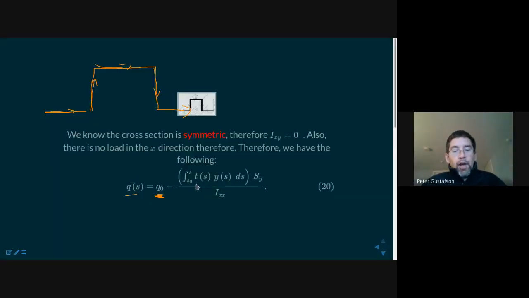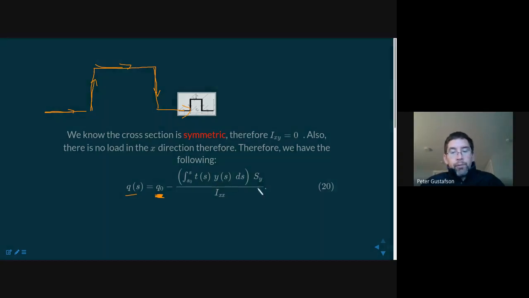And because the thickness was constant within the section, for the purposes of the integral of that section, we could pull it outside the integral. And now it just becomes a matter of, can we integrate this y as a function of s over this distance ds and then multiply it.